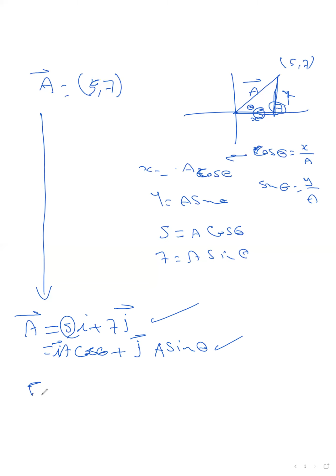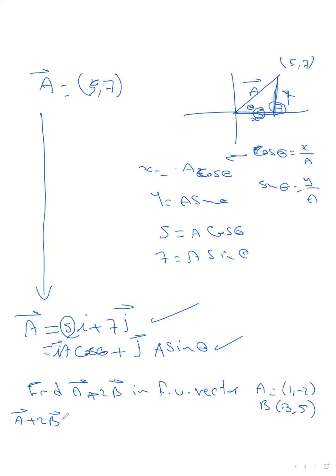لو قال لنا find A plus 2B in fundamental unit vectors أو basic unit vectors، ال A كان ب 1 and -2 وال B كان ب -3 and 5، هيبقى A plus 2B equal -1 and -2 plus 2 times -3 and 5 هتبقى -6 plus 1 equals -5 و -2 plus 10 equals 8 يعني -5i plus 8j.